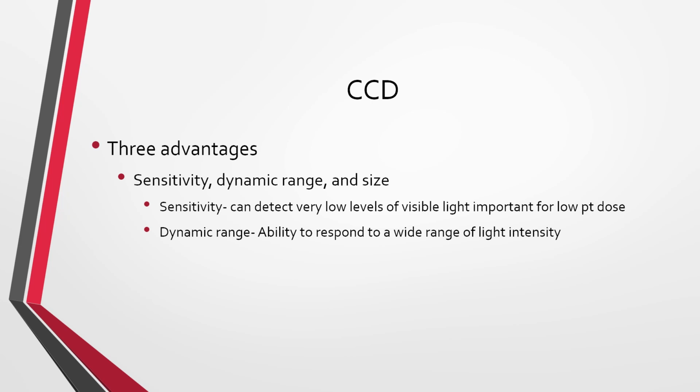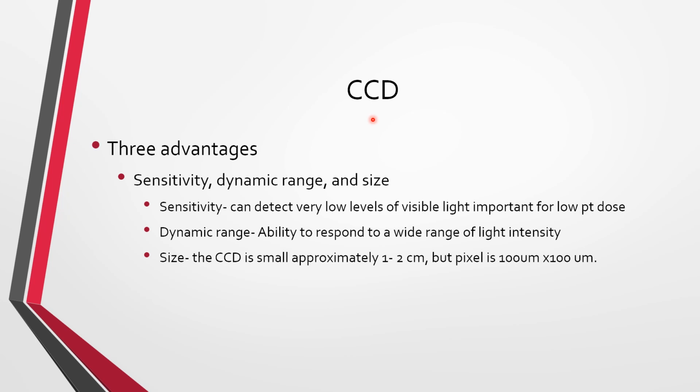Intensities would be like color, because different light waves have different wavelengths, and different wavelengths are different energies of light. So it can respond to a wide range of light intensity, which is a plus for CCDs.